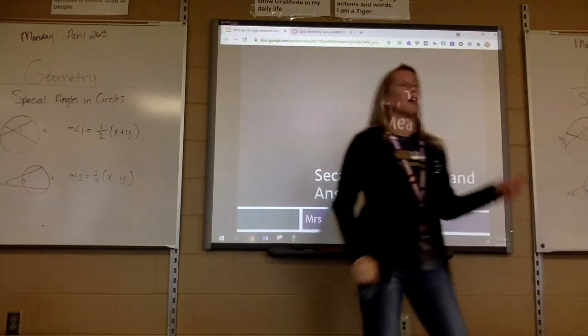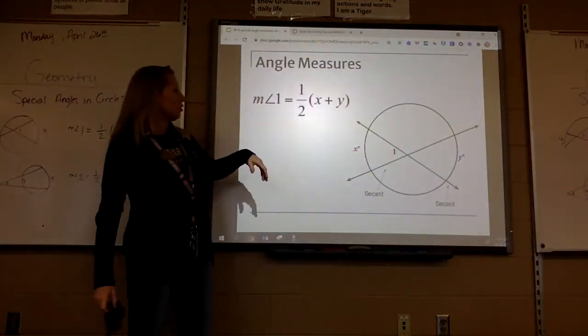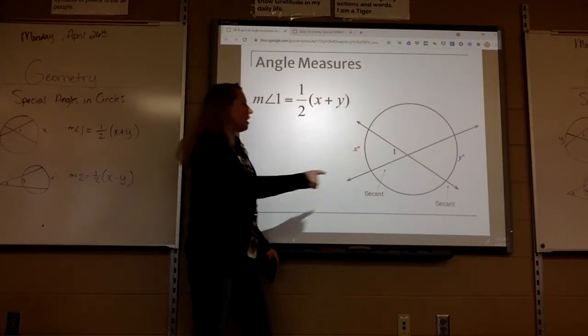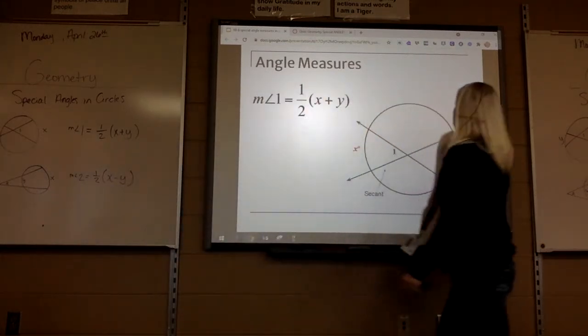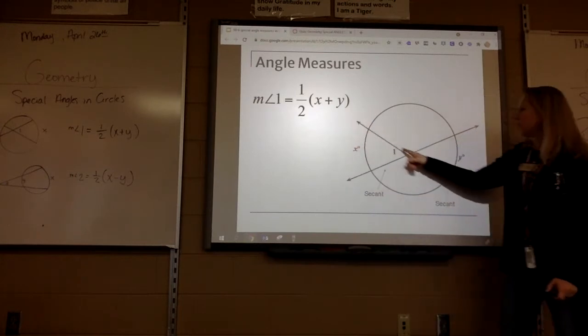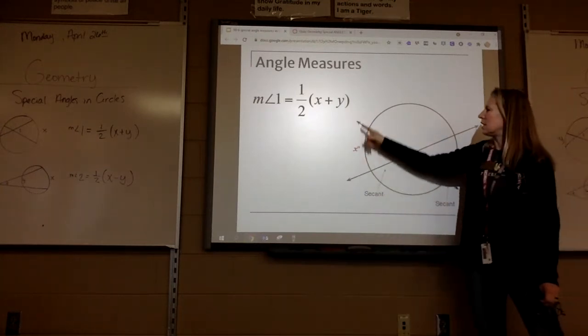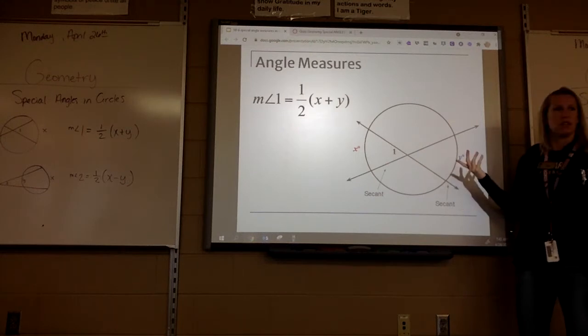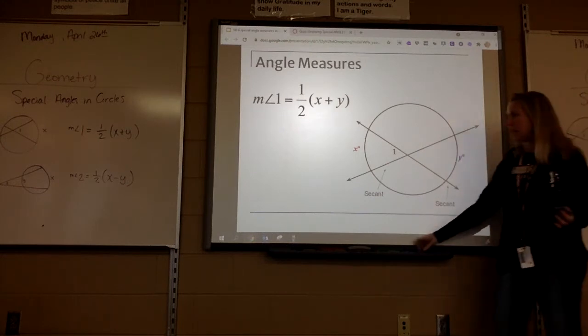Okay, so today we're going to talk about special angles and circles. If the angle is on the inside of the circle, these are called secants because they go all the way through the circle. These two secants, when they cross, do not have to cross in the center of the circle. They can cross anywhere in the circle.